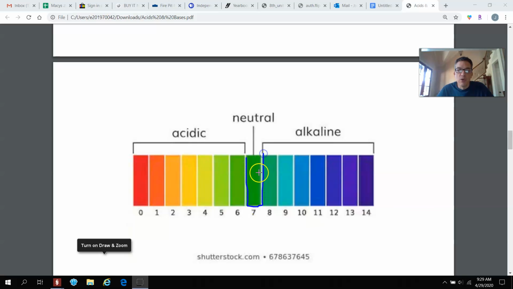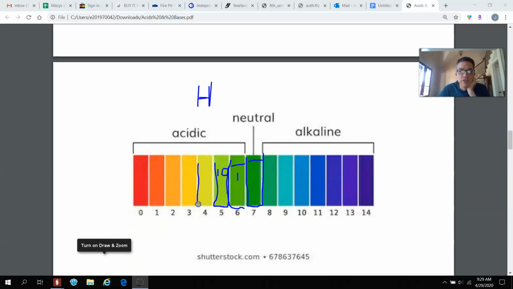So if we have our water, or normal water, what we might find is that here at a pH of 6, there's only one hydrogen ion. And then if we move over to a pH of 5, we're going to get 10 times that amount.